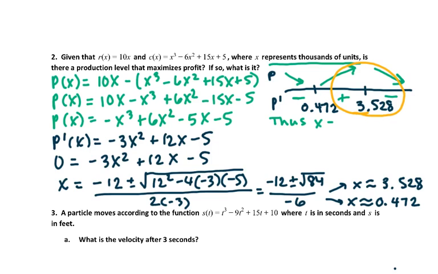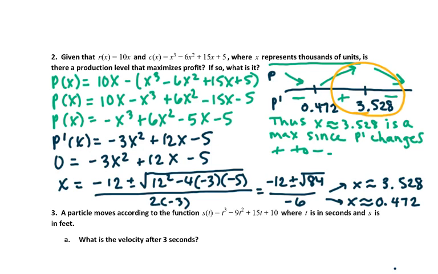So we're going to say thus x, I guess, estimates to 3.528 is a max since p prime changes positive to negative. And then I'm going to write our final answer up above for the sake of room.